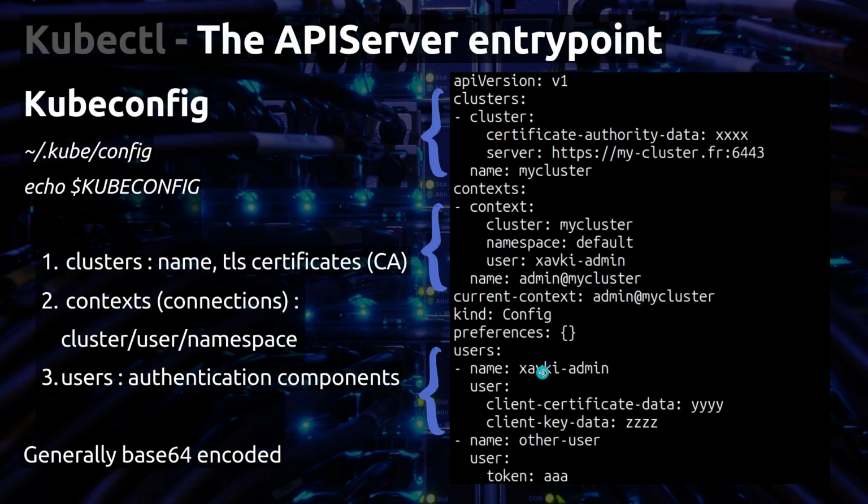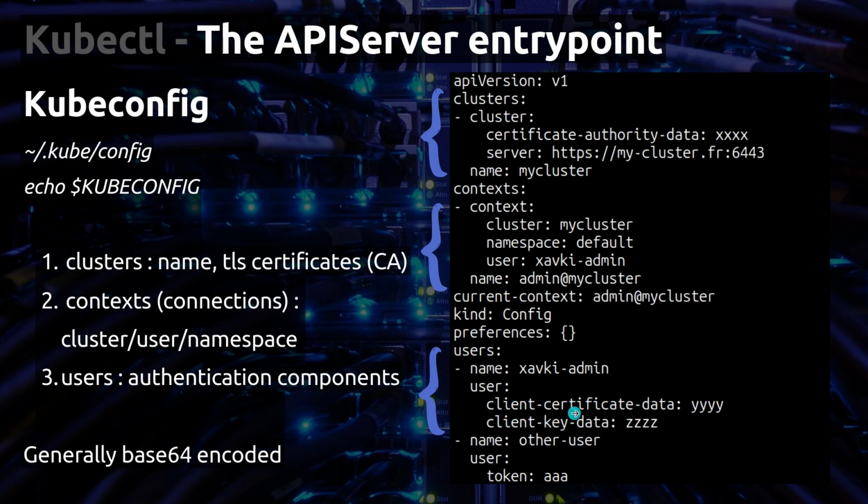And in users, we can have multiple users. Here we have just one user named xavkeyadmin. Of course, this is the same user that we have here. And in the user part here, we have how this user is allowed to connect through the API server for the authentication.